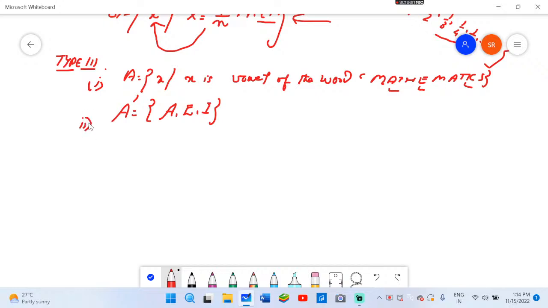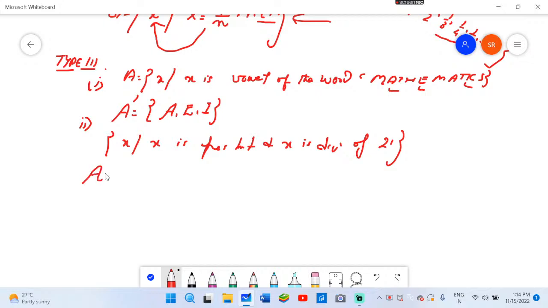Then we take second example, x such that x is a positive integer and x is a divisor of 21. Let us write it by A. We want to write this set in roster form.